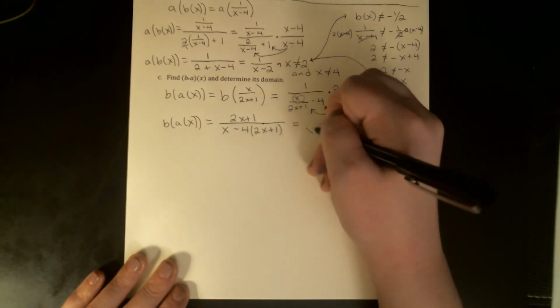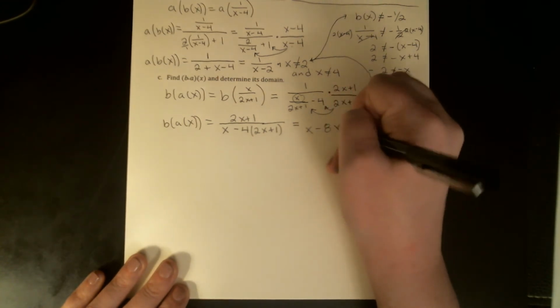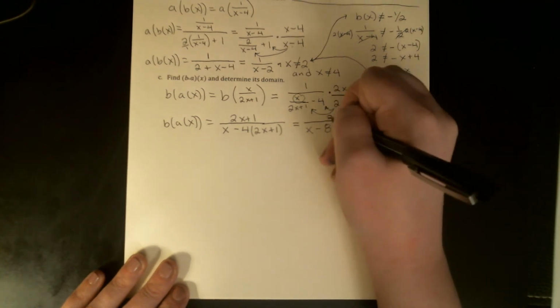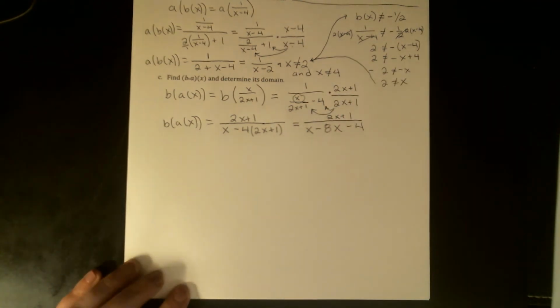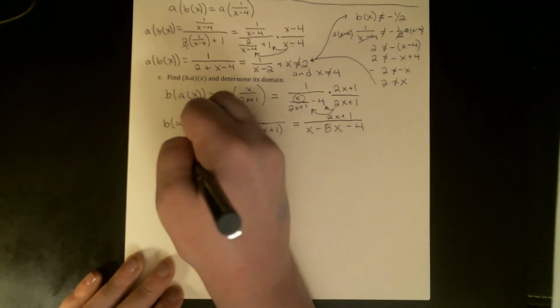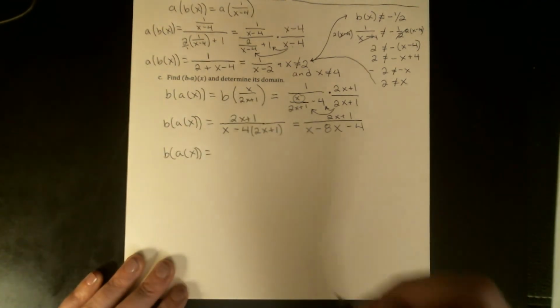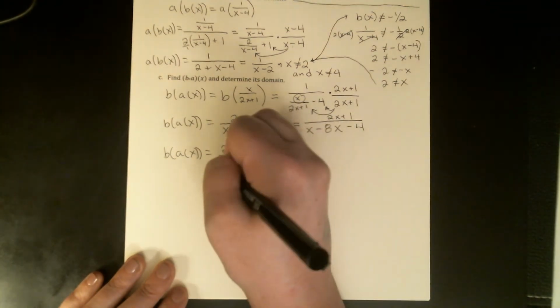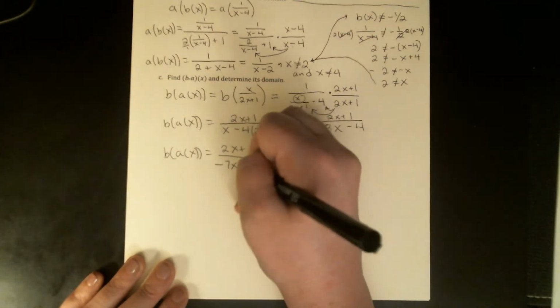So I have x minus 8x minus 4 in the bottom, and I have a 2x plus 1 in the top, which means that B of A of x is equal to 2x plus 1 over -7x minus 4.